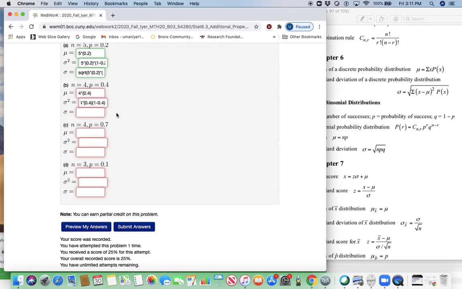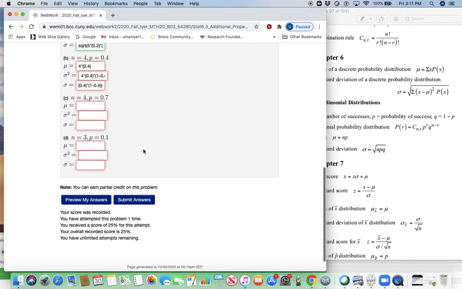So remember to keep everything in parentheses. You are multiplying p and q. Multiplication is a star. So that is sigma square. So what is sigma? Sigma is square root of all of this. SQRT, parentheses, all of this, close parentheses.